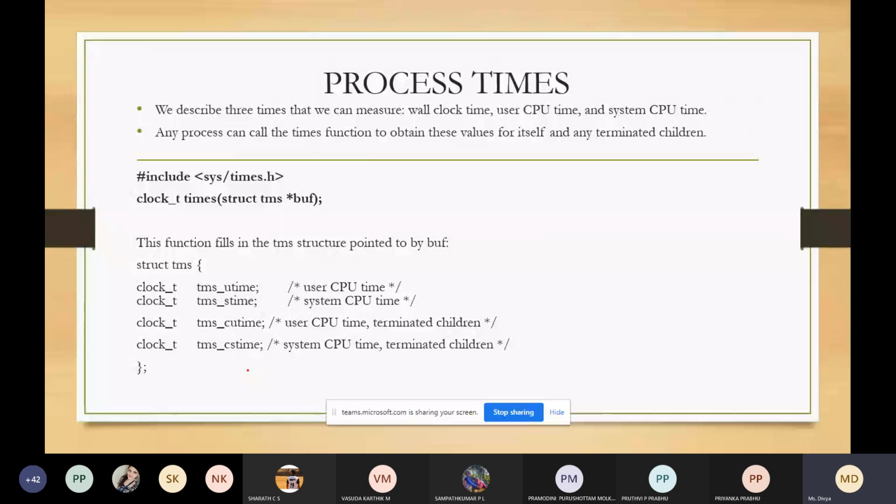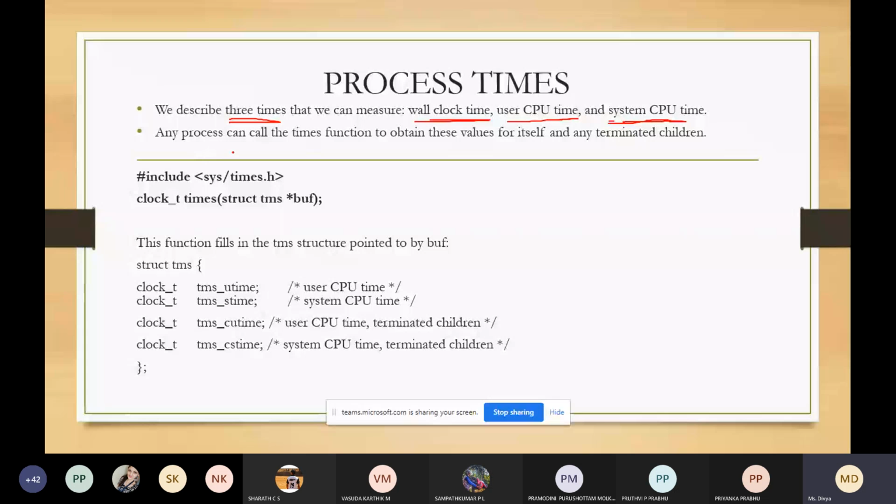And what are the measures? One is based on clock time, that is system time or wall clock time. One is based on the CPU time. Another is based on the user CPU time. Another is based on the system CPU time. So there are three measures, or units.